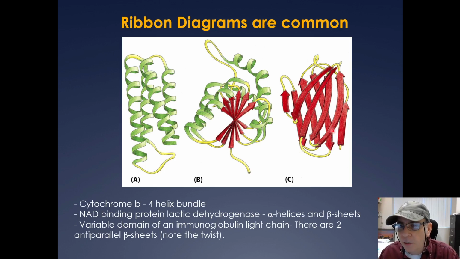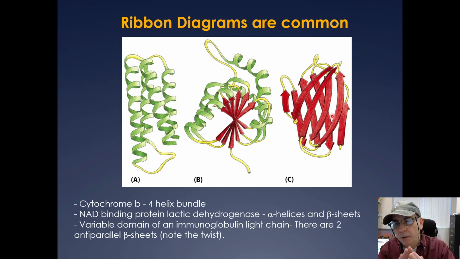And finally over here is the immunoglobulin light chain, the variable domain of it, where you have 2 anti-parallel beta sheets coming together to form almost like a sandwich.